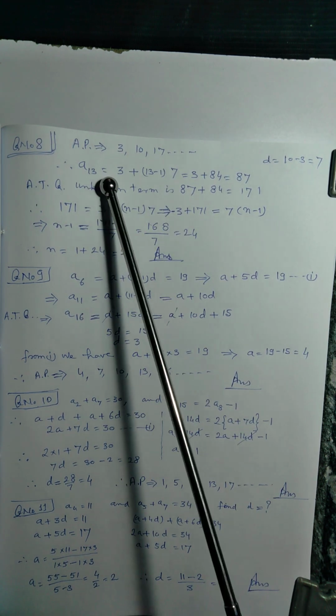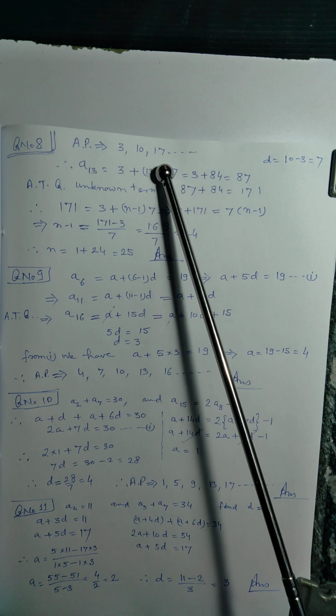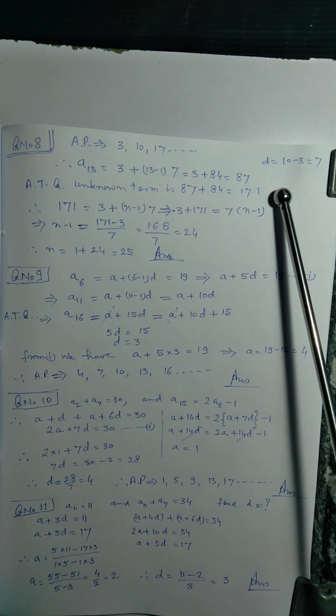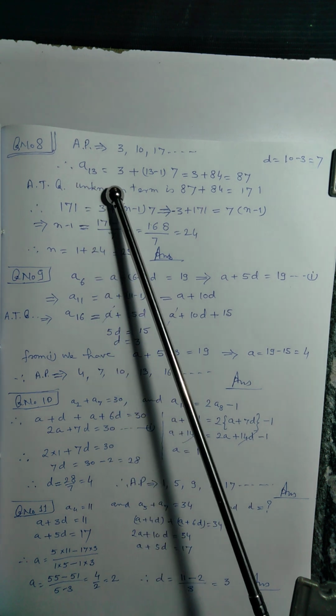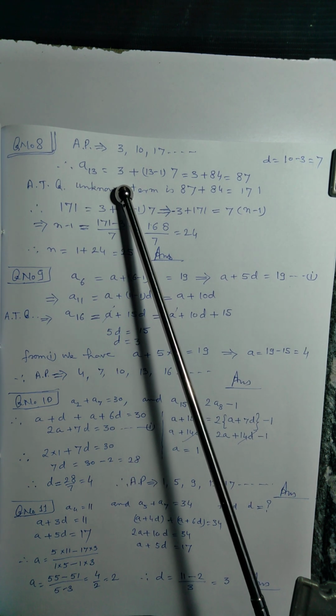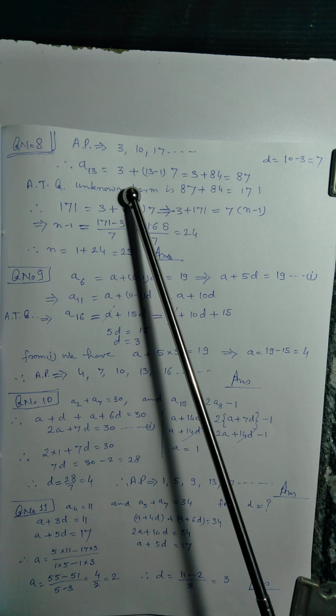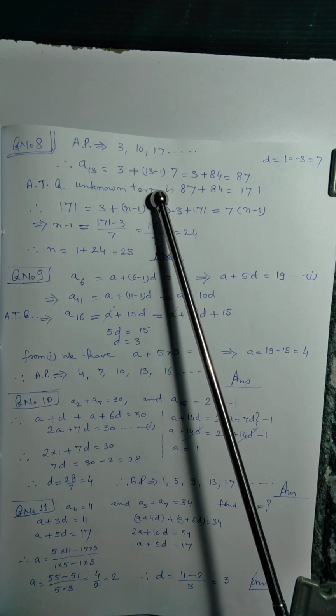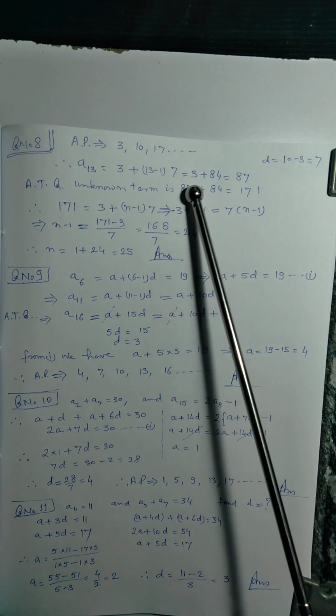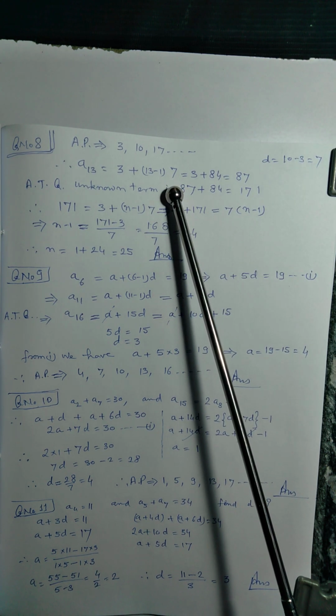You see, the AP is given, 3, 10, 17, where the common difference is 7. So the 13th term will be 3, the first term, plus (13 minus 1) into the common difference 7.